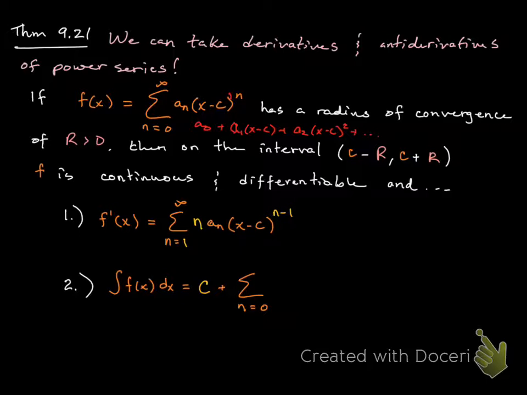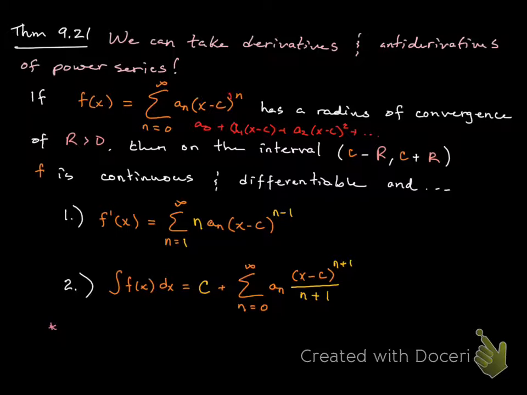There's no real shifting that needs to take place as it does with the derivative. But what I do is I take my a sub n here, I take my factors of x minus c to the power n, and I'm going to add 1 to every power, right? When I take an antiderivative of those x's, the power is increased by 1. I have an n plus 1, and then I have to divide by that new power. Okay? So the derivative and antiderivative are really mostly straightforward.